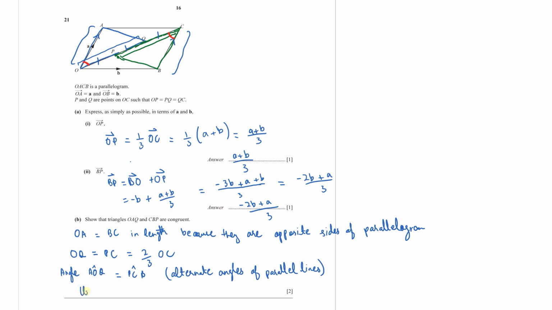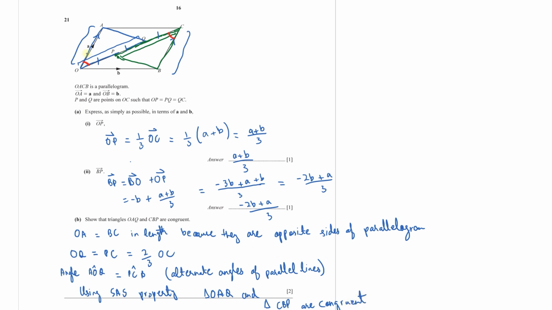So using SAS property, triangle OAQ and triangle CBP are congruent.